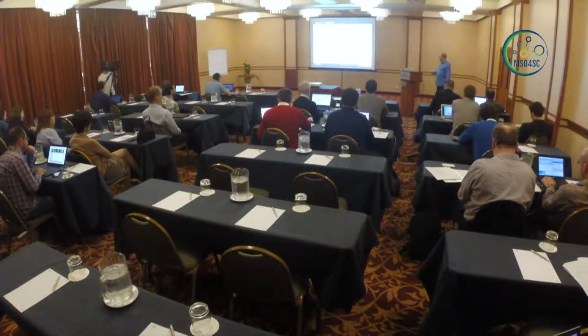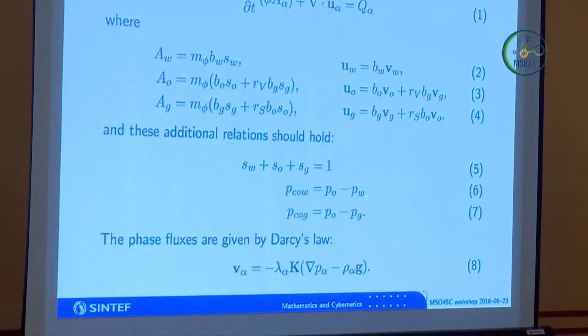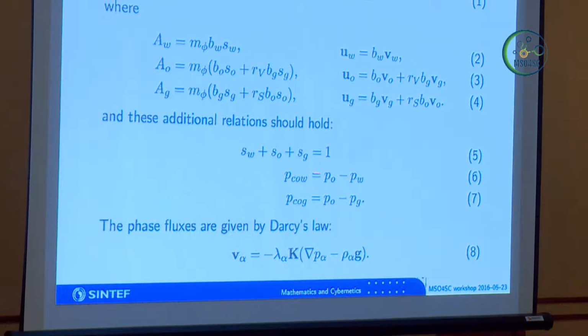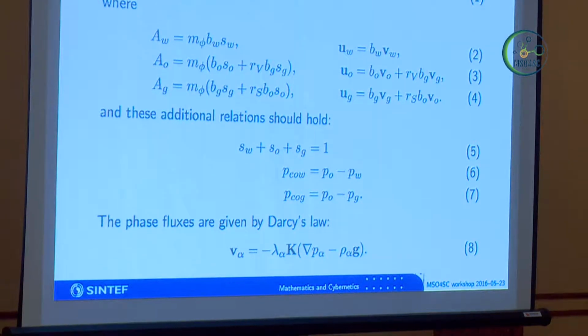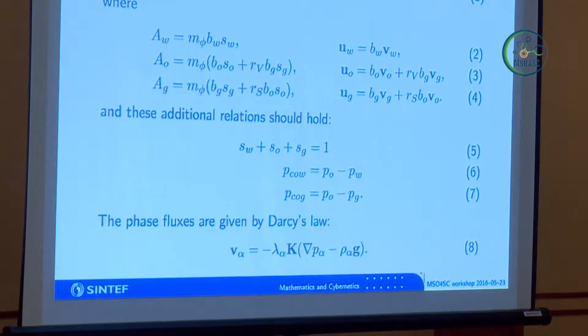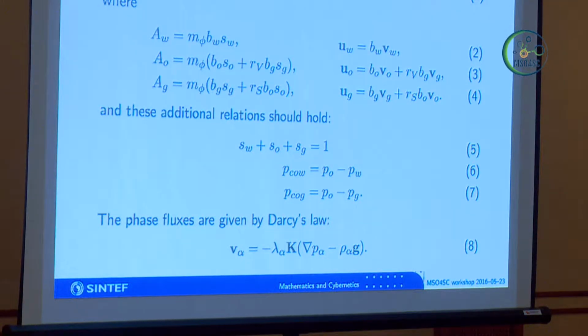Also we want saturations to sum to 1, basically saying that our fluids fill the available pore volume. And there are capillary pressure relations. Basically, these things here are going to be functions of saturations. So that's another source of nonlinearity.